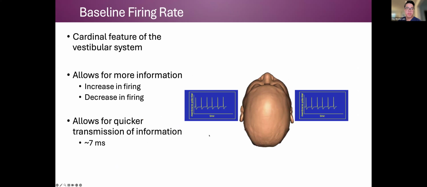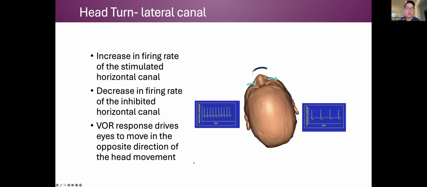Physiologically, we've evolved a response where it's constantly firing in both ears, and the motion of the head just changes the rate of firing. When you turn your head to a certain side, that ear fires at a higher rate than the contralateral ear, which allows for quick transmission of information.